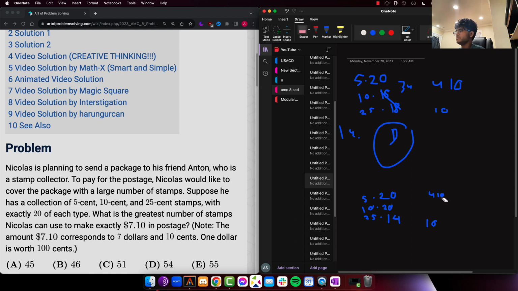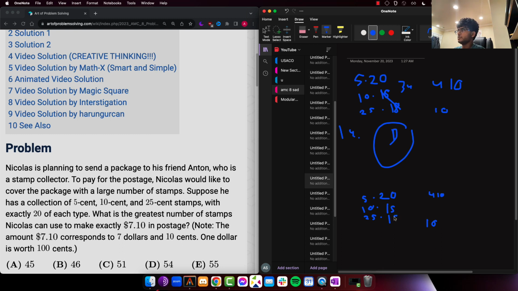Wait, I'm confused now. Oh wait, I did this the wrong way. Okay. Damn, okay. I think what I need to do is 10 times, I should have made this 15. That's what I should have done. This is supposed to be 15, and then this is supposed to be 18.